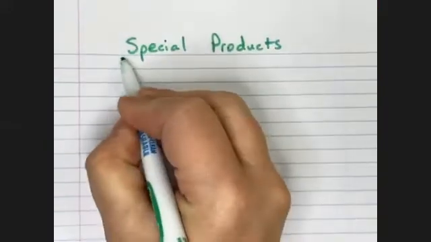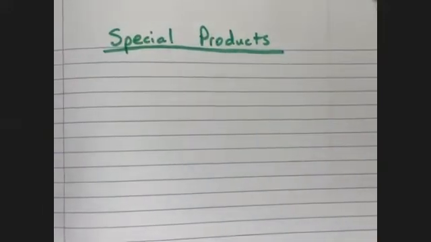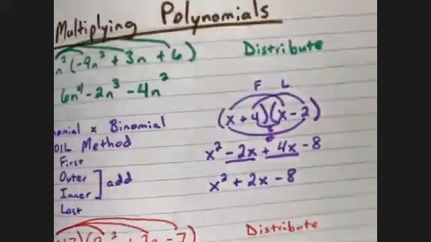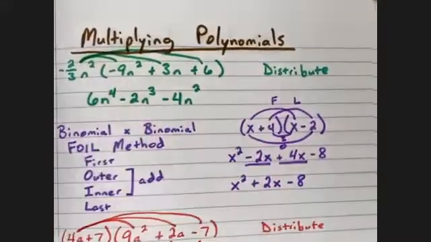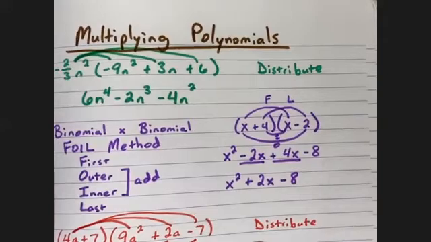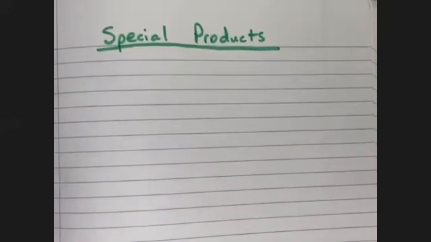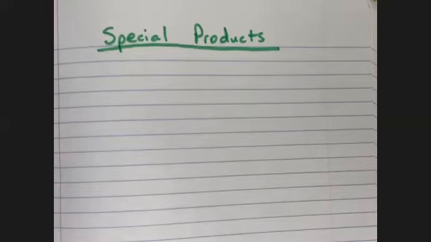Okay, so products, hopefully you remember that's the answer to a multiplication question. And right now we are, of course, if you flip back a page, multiplying polynomials. So these are special things. There's 3 of them that, if you can learn them, they're like shortcuts.